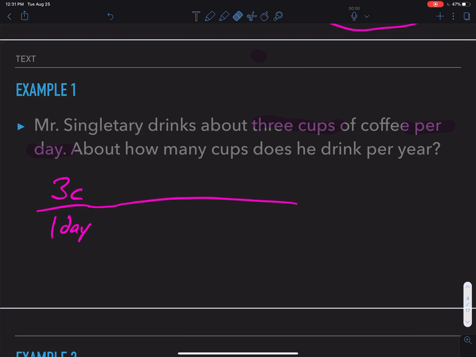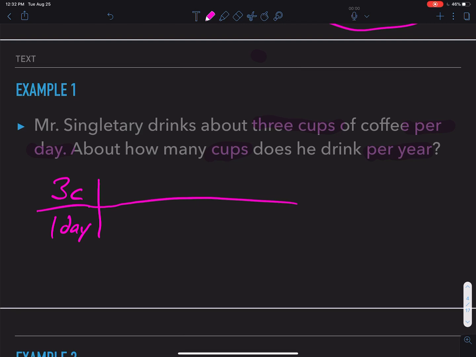So we're looking for cups per year. So our goal is to get cups on the top of our fraction, and we already have that. And then years on the bottom. Well, currently, I have days on the bottom, so that tells me that I need to change days to years.